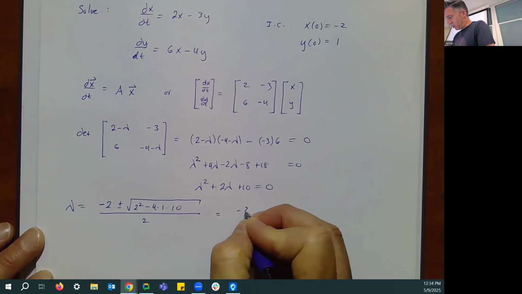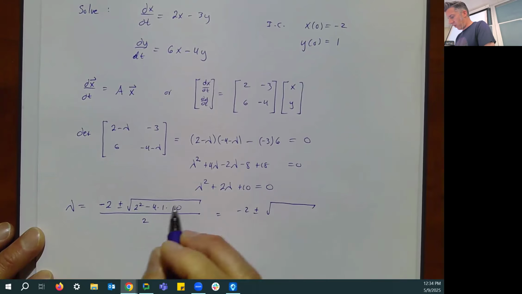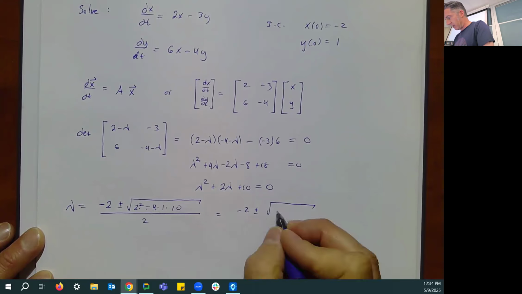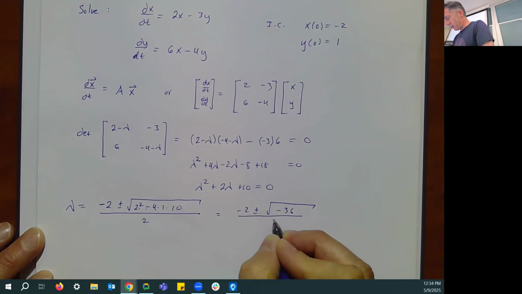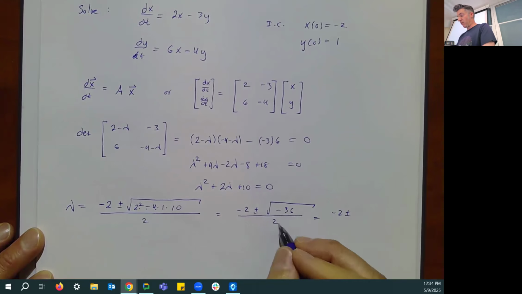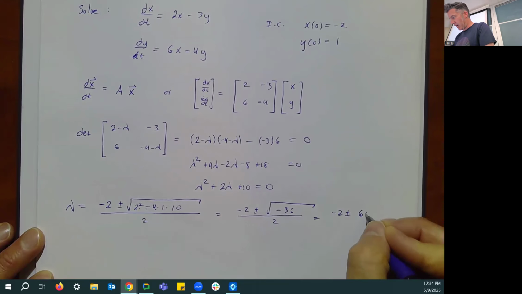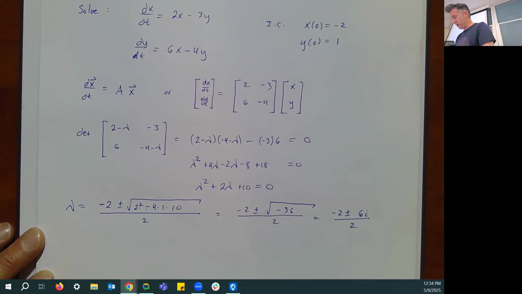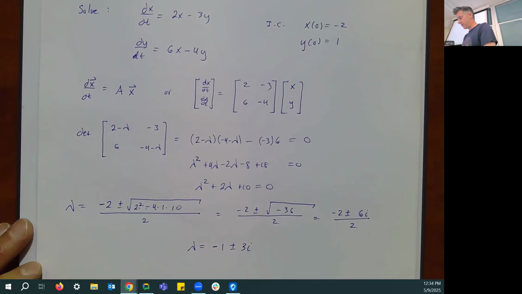That's -2 plus or minus the square root of 4 minus 40, which is -36. The square root of -36 is 6i, divided by 2. So our eigenvalues are -1 plus or minus 3i.